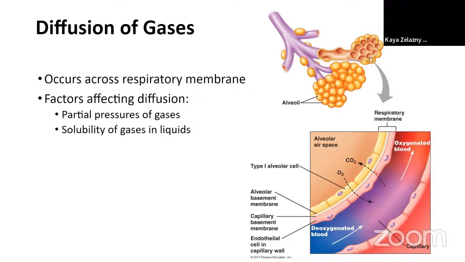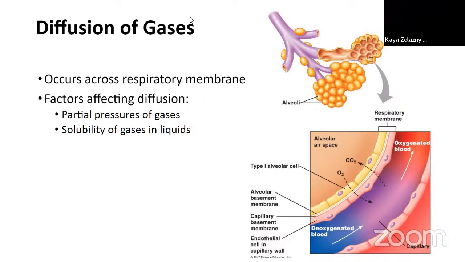We're also going to think about how soluble each of our gases is in liquids. We're going to see that carbon dioxide and oxygen have different solubilities in water and therefore in blood, which is mostly water. And this is going to affect the amount of gas that is crossing from your alveolar air into your capillaries surrounding the lung.